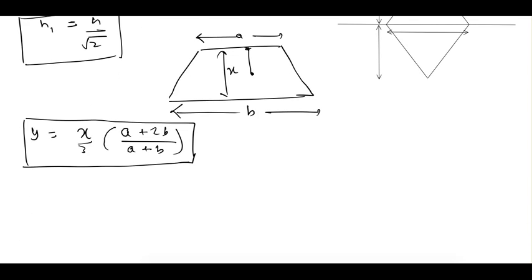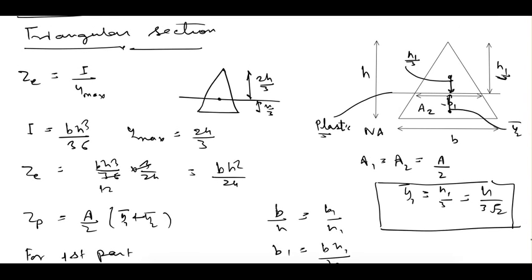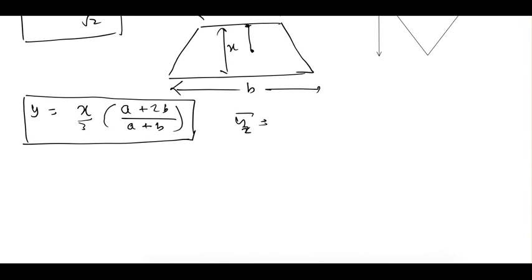And so if we use our actual values, y2 is equal to, in this case x is equal to h minus h1, so h minus h1 upon 3 into a plus 2b. So a is the top width, which is b1, and bottom width is b, so b1 plus 2b divided by b1 plus b.